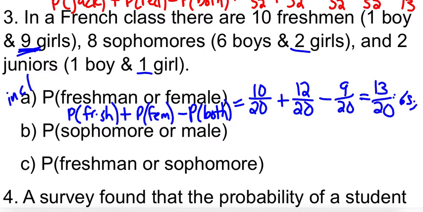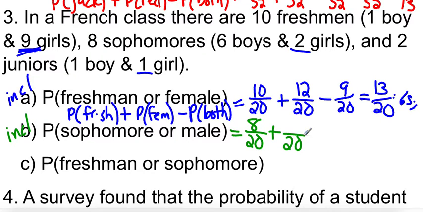Okay, next one. We want to know the probability of a sophomore or a male. So again, do we have overlap? Is it possible to be sophomore and male? The answer is yes. This is another inclusive event. So first we want the probability of being a sophomore. So out of our 20, we have 8 sophomores. Plus the probability of being male.